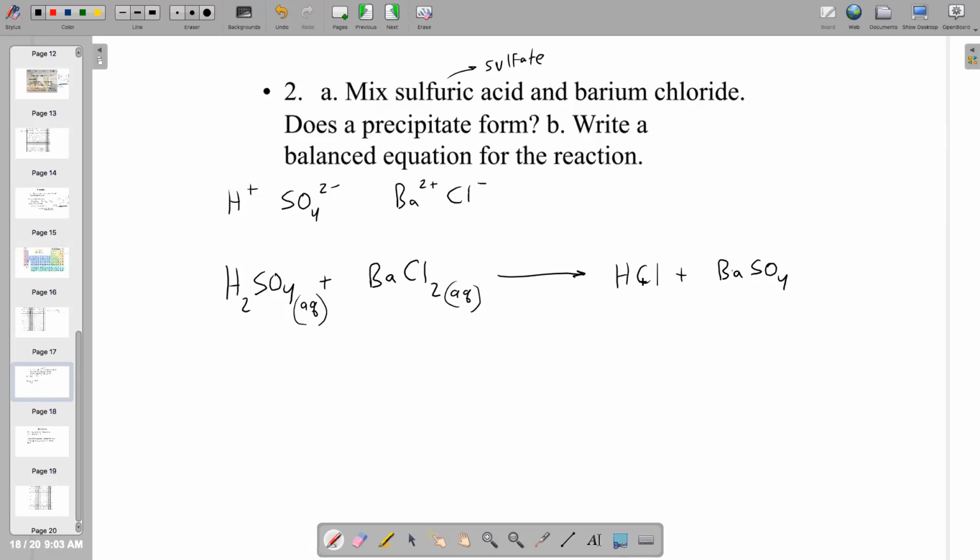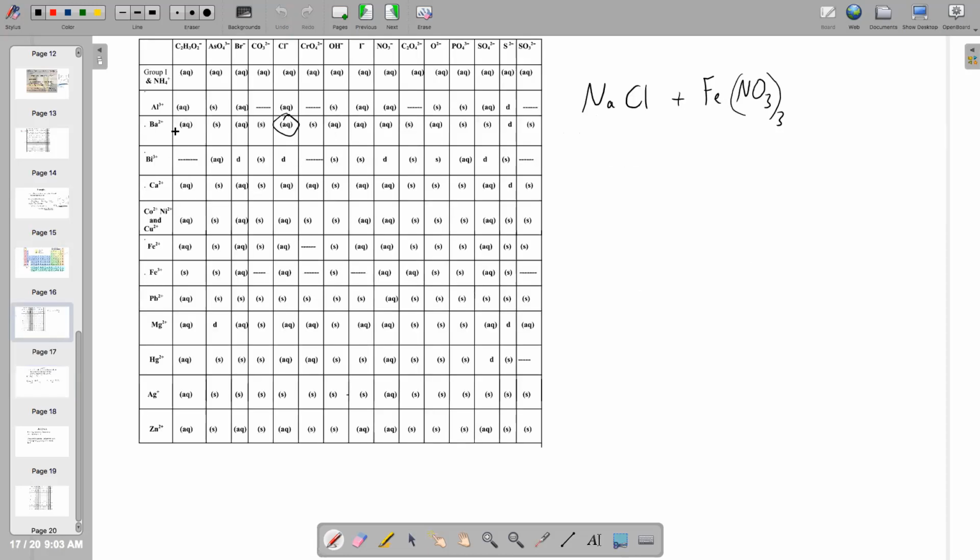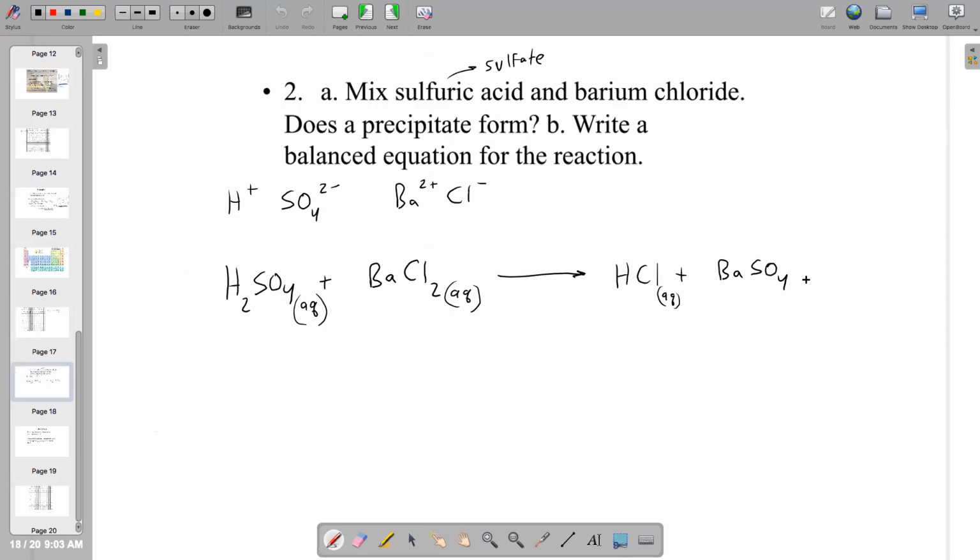Well, HCl is aqueous. Everything that's in group 1 is aqueous. But the question is, what about this barium sulfate, BaSO4? When you look on this chart, you have barium, and you go over to sulfate. Barium sulfate is a solid. So the barium and sulfate says S, so that is a solid.